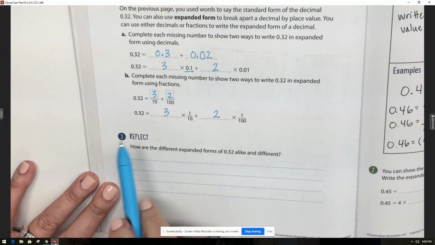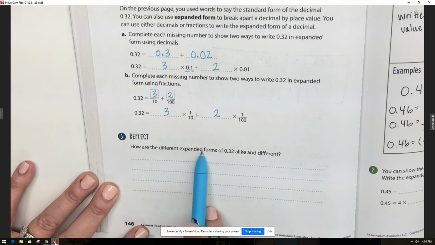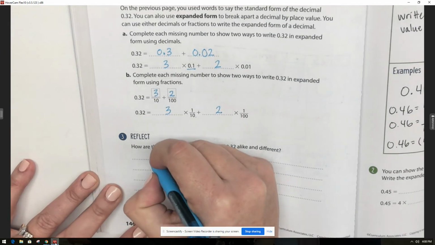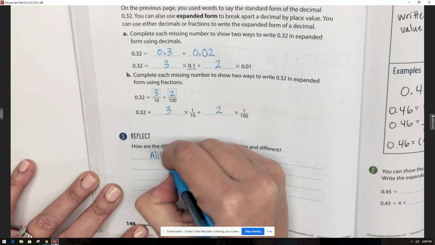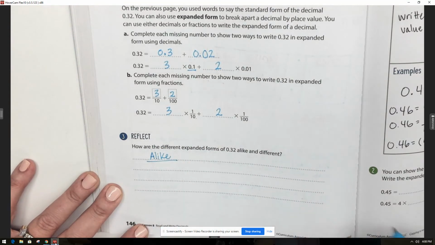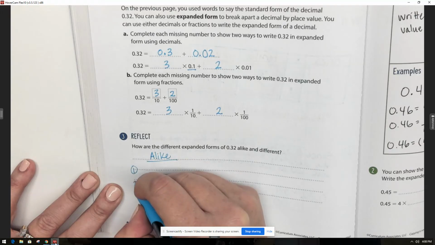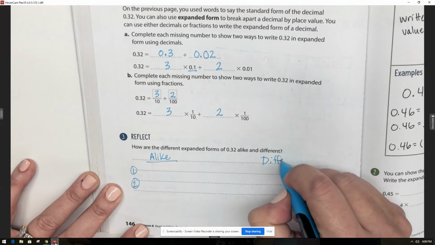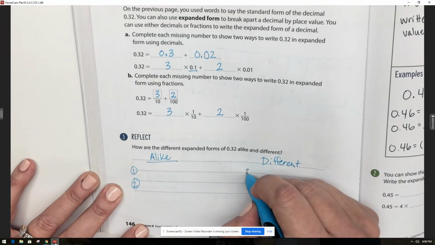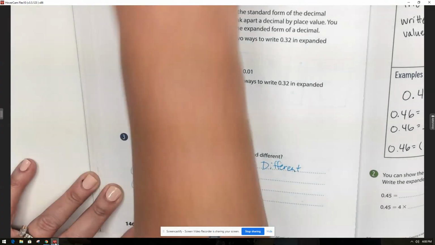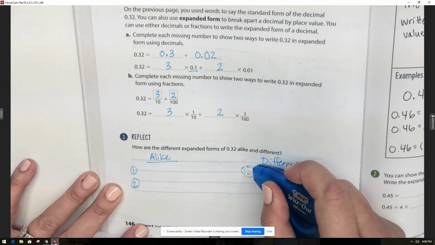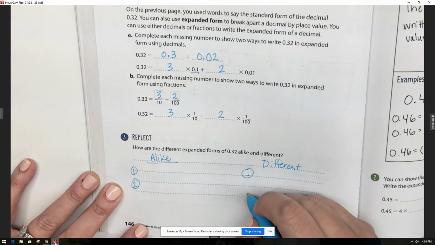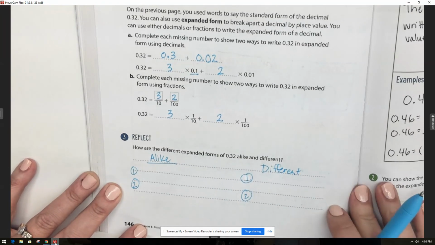Now I want you to reflect. How are the different expanded forms of 32/100ths alike, and how are they different? So what I'd like for you to do right now is tell me two ways that they are alike and two ways that they are different.